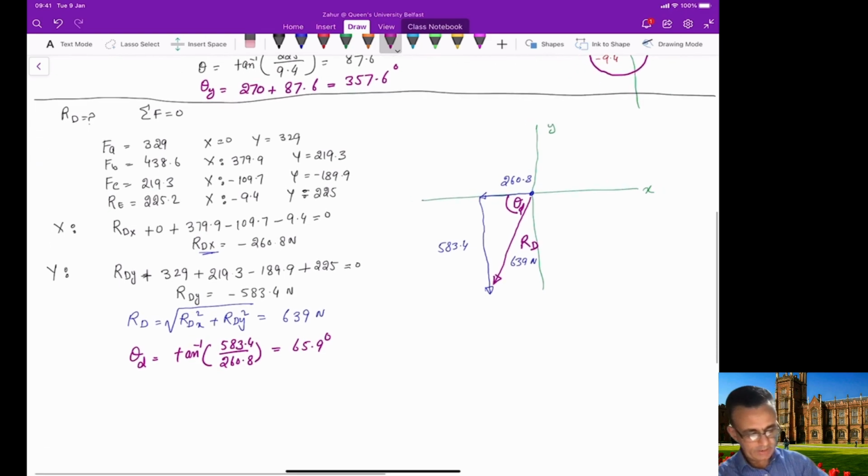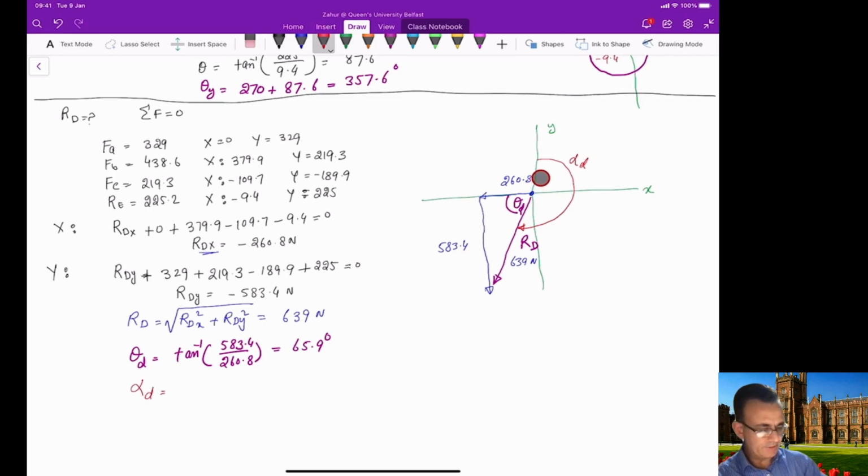But now if you want to calculate the angle with respect to this position here, so this angle, which you can call alpha d. So alpha d is the required angle here.